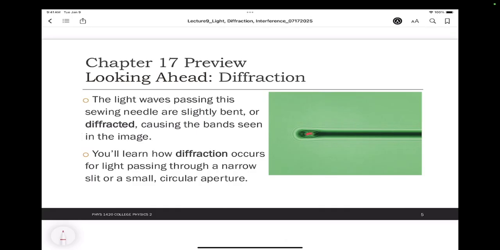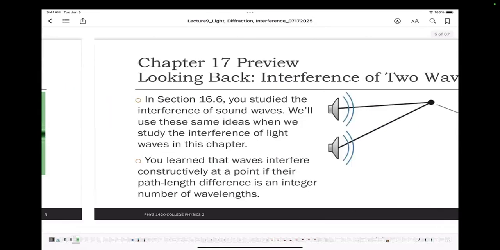We will talk more about this situation and how to explain it. And you will learn how diffraction occurs for light passing through a narrow slit or a small circular aperture. So we will talk more about this later. And this is the chapter 17 we will focus on.